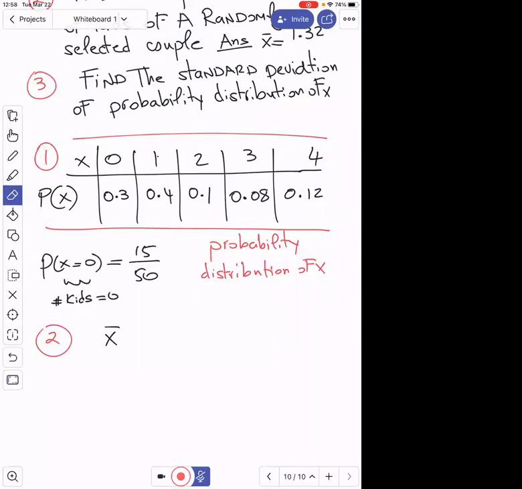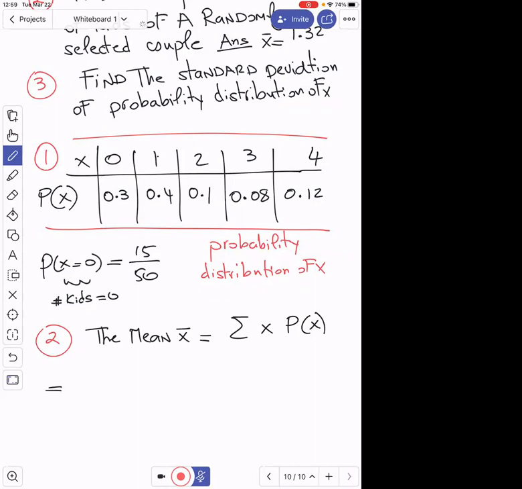Let's write the mean first. X bar is the sum of X times P of X, right? So we're going to use our probability distribution to find the mean.